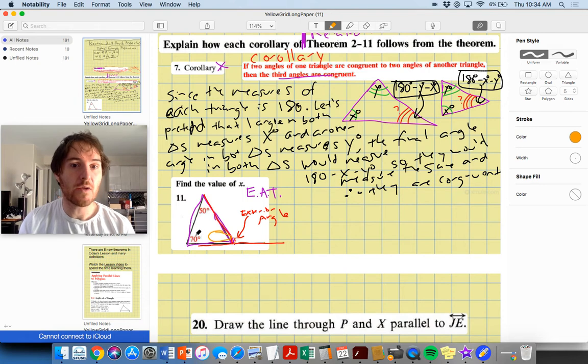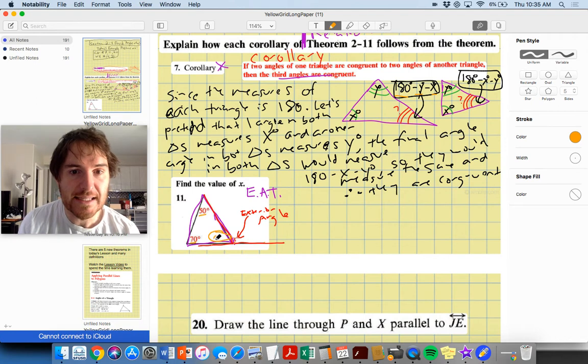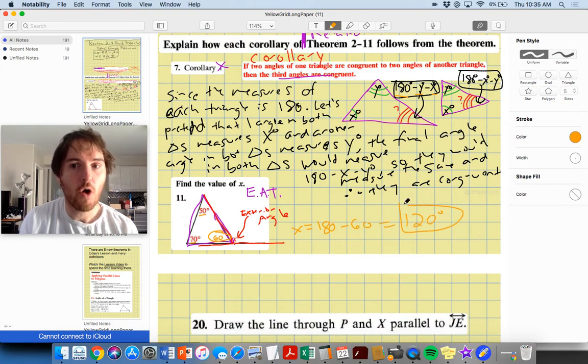So similar to this one right here, we start with 180 degrees and then subtract 70 and subtract 50, and that's going to tell us what this angle is. So 180 minus 70 is 110, minus 50 is 60 degrees. So x has to equal 180 minus that 60, and so that's 120 degrees. Hopefully you got that one.